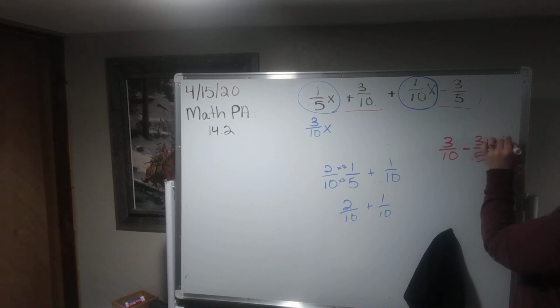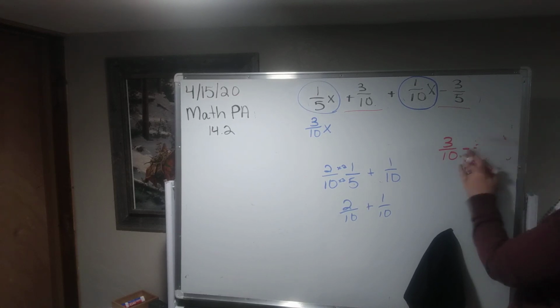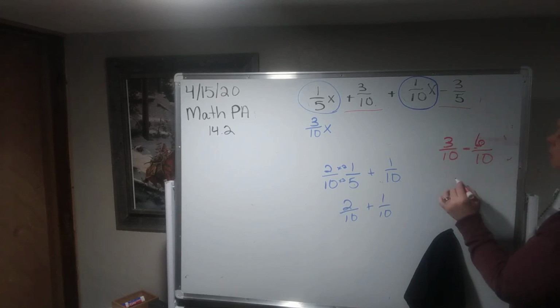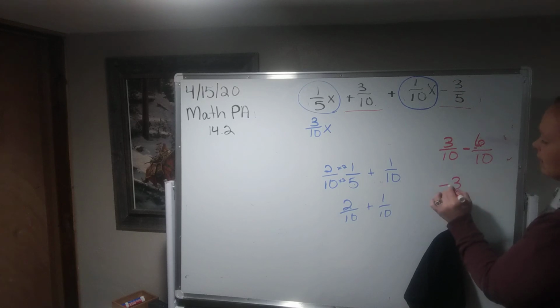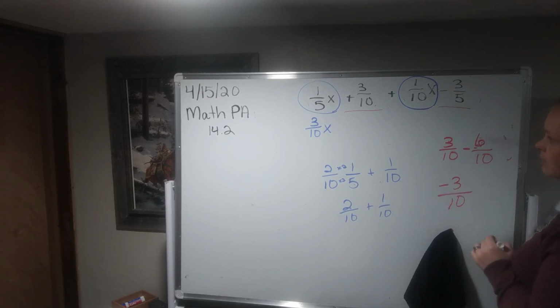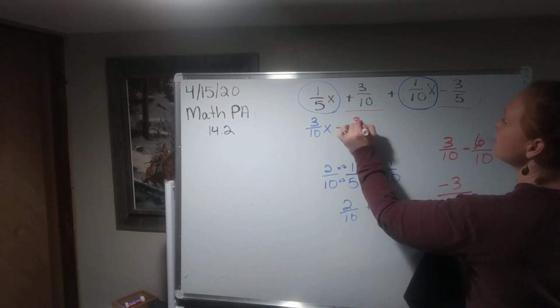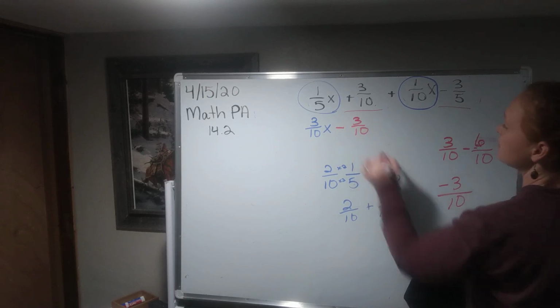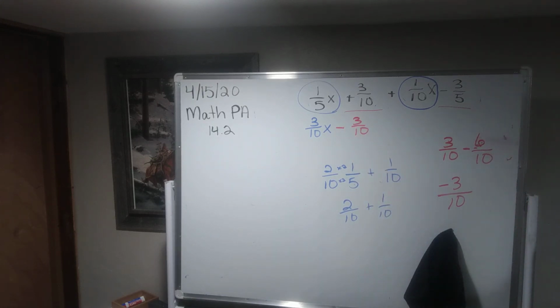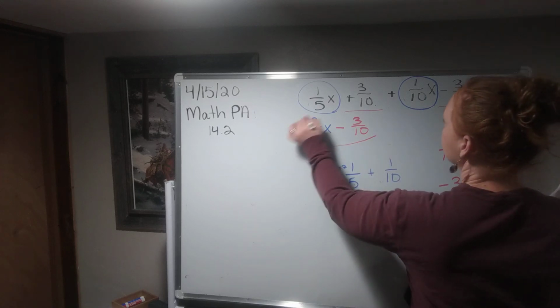So 3 times 2 is 6. So I'm going to change it to 6/10. Okay? In this case, this is the bigger number. So 6 minus 3 is 3. It keeps the sign. So negative 3/10. So it'll be minus 3/10. Okay. Very good.